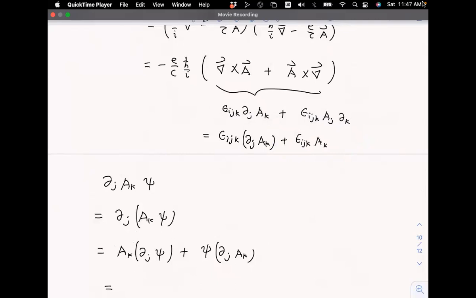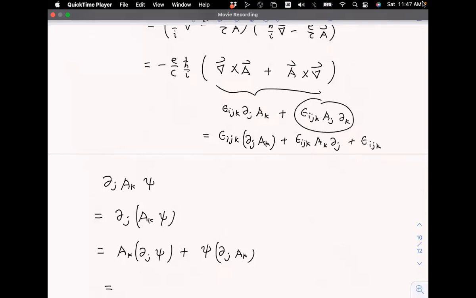This term will be just A_K with this, because the operator is just this part. So I just write it here. Here, the operator is just a multiplication of a function. So it's this part, because we are writing the operator, so I don't want to have the wave function inside. So basically this operation equals this thing, due to the product rule. You can verify.